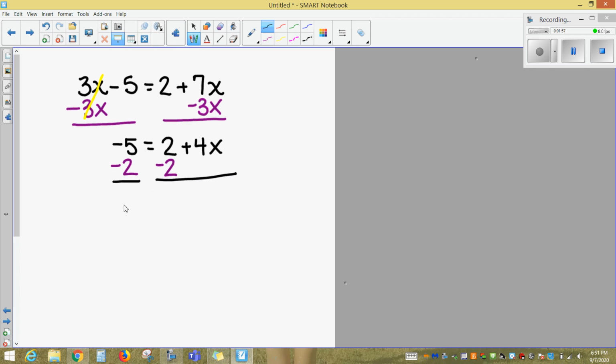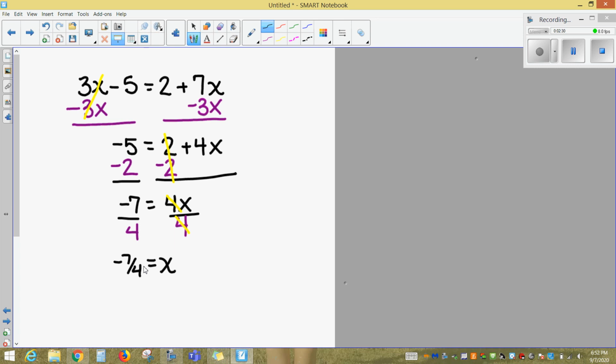And my new statement says negative 7 equals 4x. My last step is to get rid of the 4 here, and I unhook times 4 by using division. And anything divided by itself equals 1. Our goal is to unwind or unwrap our equations until we get all the way down to 1x equals.